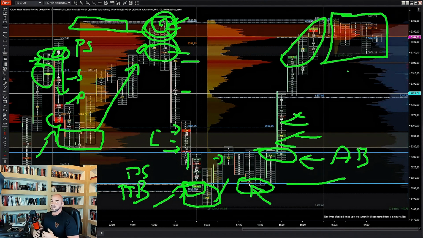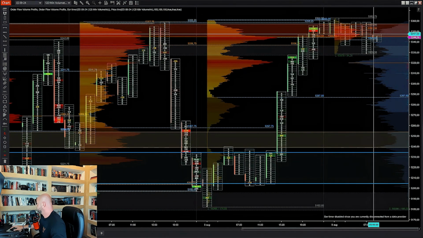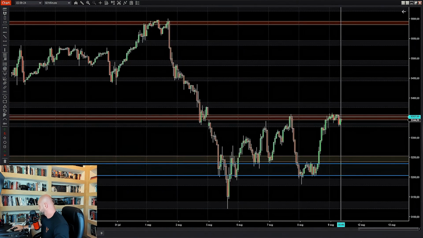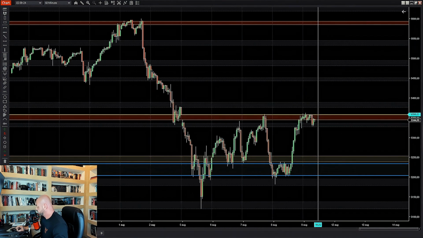So next week, starting tomorrow on Monday, my best guess is that we will retest again, making our way higher through these liquidity zones, which will act like a magnet and where people will fill their orders.